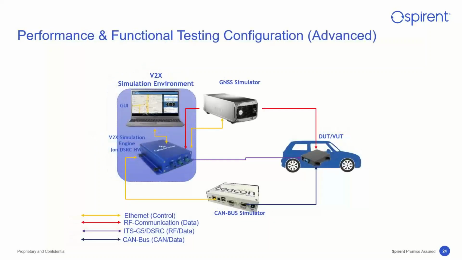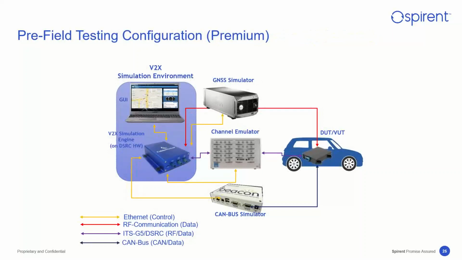You also can scale this solution up by adding a GNSS simulator that will enable you to do some more accurate mobility simulation, and also provide the timing and positioning for both the device under test and the test system. And then finally, you can also have a channel emulator on the RF communication, allowing you to verify that in spite of channel impairments on the radio, your applications are still capable of performing as per your requirement.